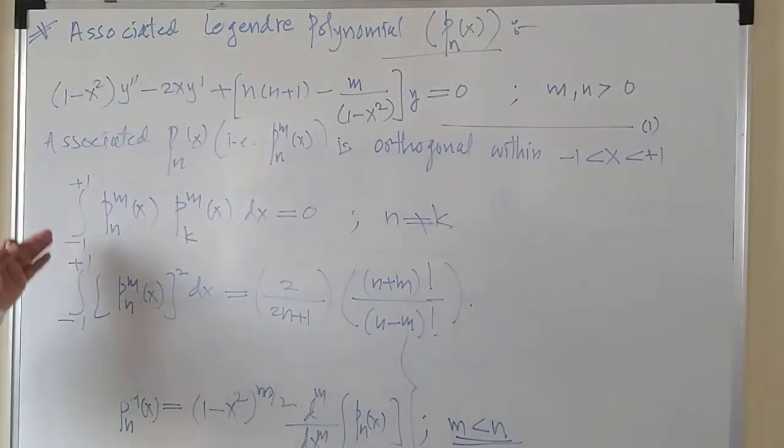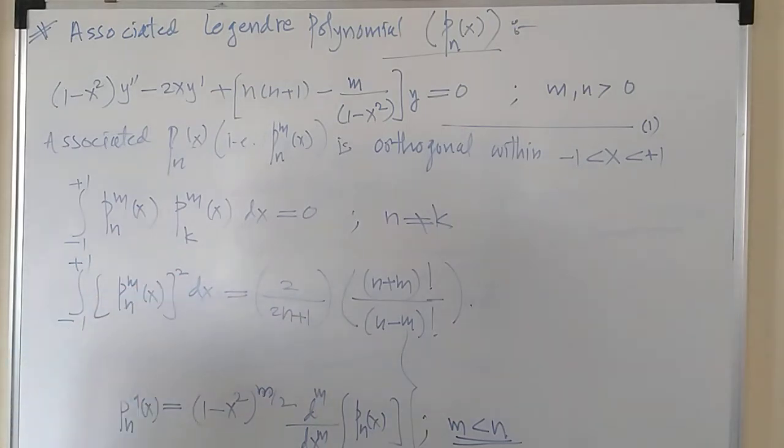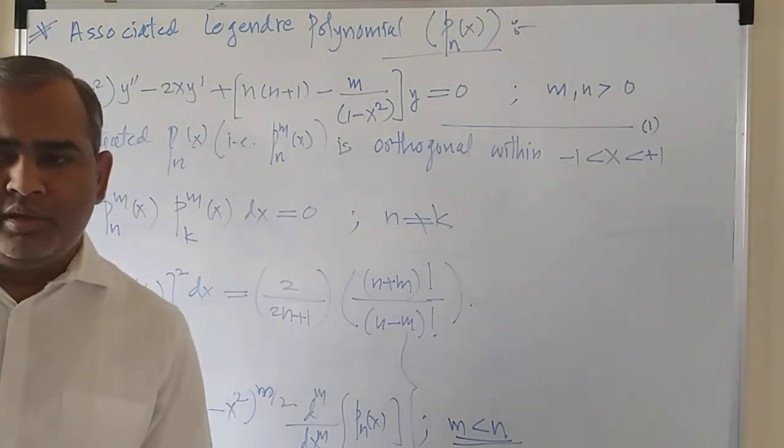So this is the orthogonality property of the associated Legendre polynomial. You should remember this. Now let's obtain some first few associated Legendre polynomials.